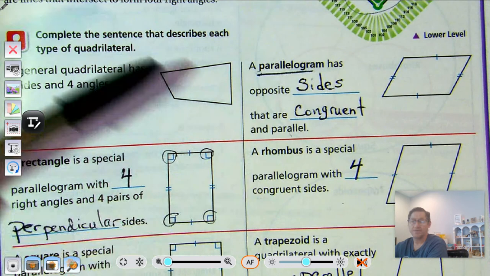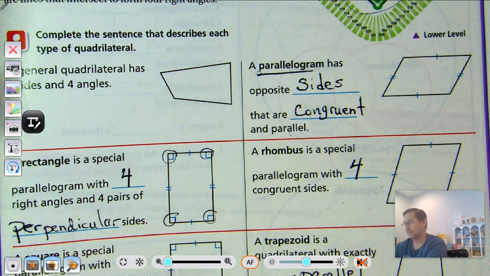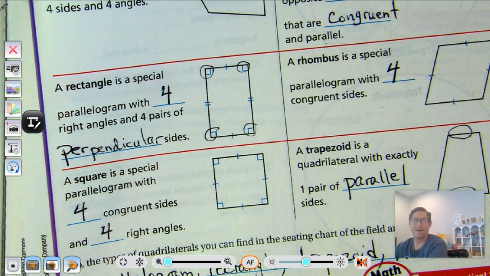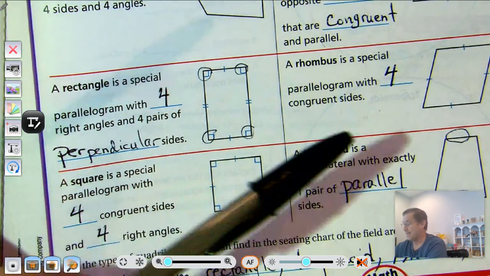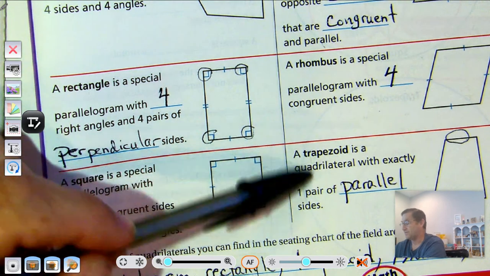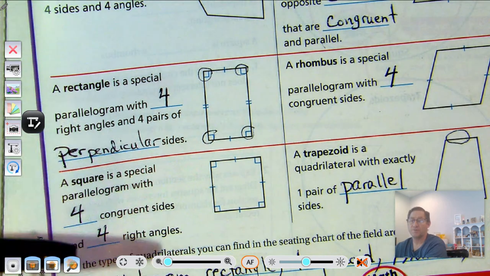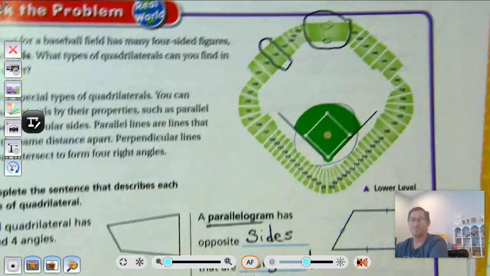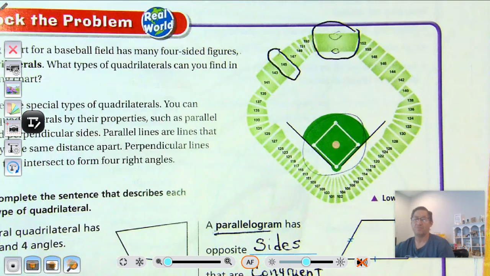It's a rhombus because it has 4 congruent sides. It's a square because it has 4 congruent sides and 4 right angles. It is not a trapezoid. The only name you couldn't give a square is trapezoid because it has 2 pairs of parallel sides. But there is a trapezoid in the drawing, right? This out here is a trapezoid.